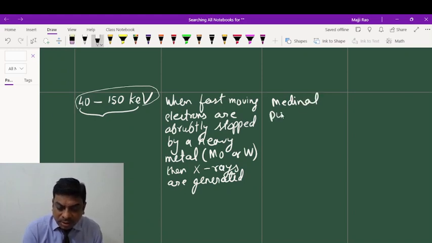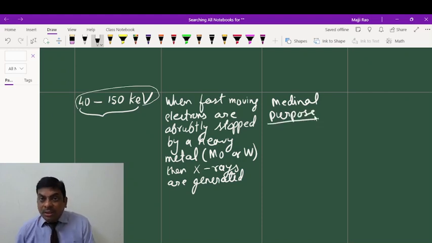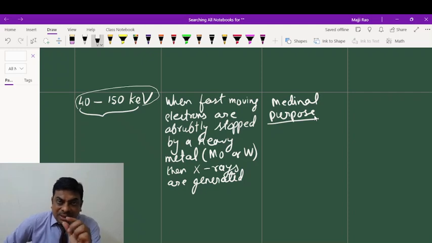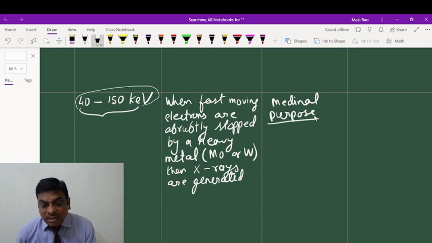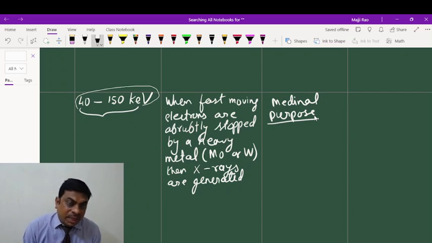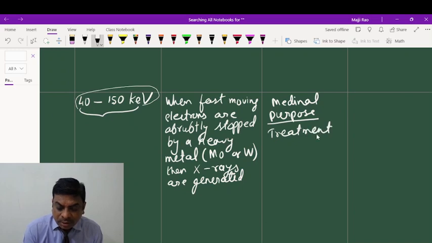And also it is employed in treating certain kinds of cancerous growth cells, because they are highly energetic quanta, so they can easily kill the cells. The growth of cancerous cells can be prohibited or retarded by the proper use of X-rays. So treatment of cancer could be the other use.